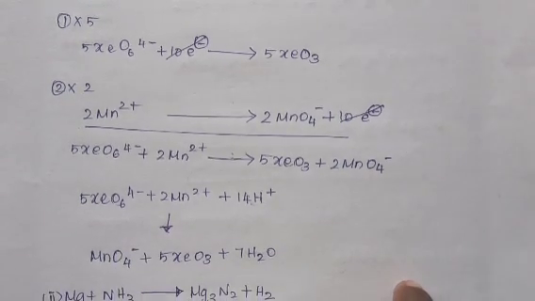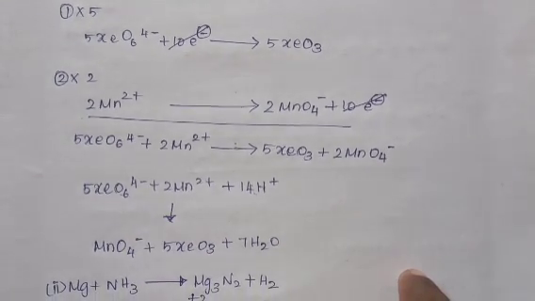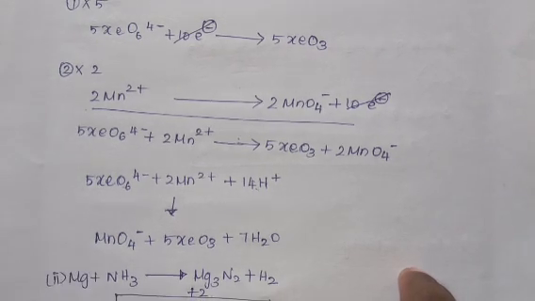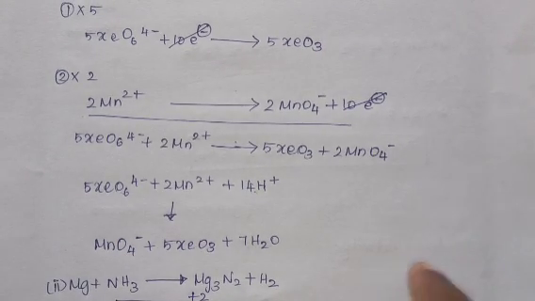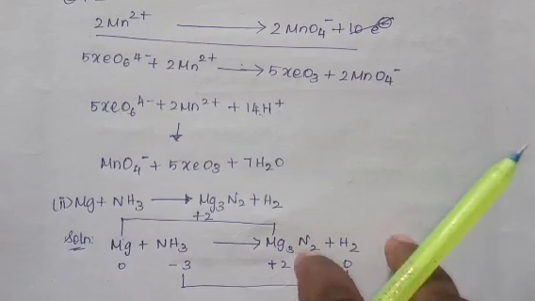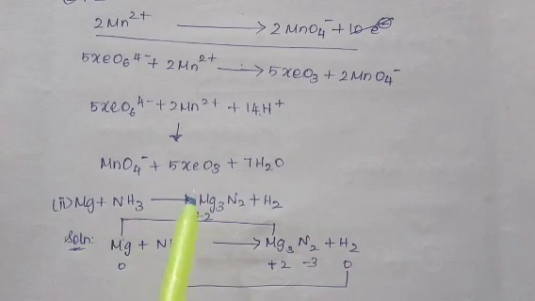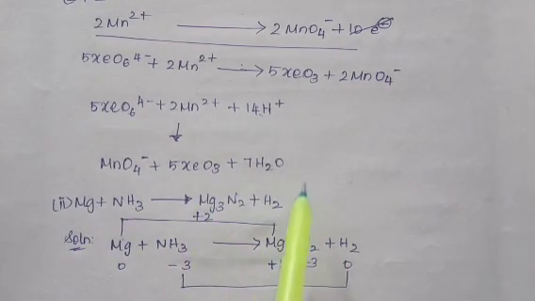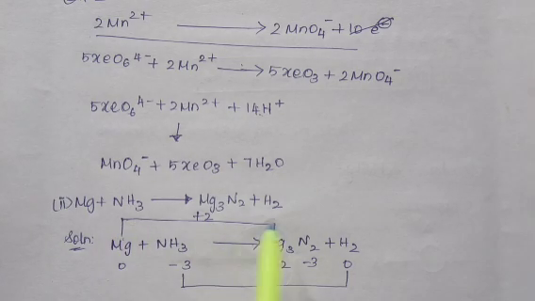So we have completed the second question, first subdivision. Now second question: Mg plus NH3 gives Mg3N2 plus H2. From 0 to plus 2 it is oxidized. From 0 to... it is also changed. So the oxidation number we have to find.